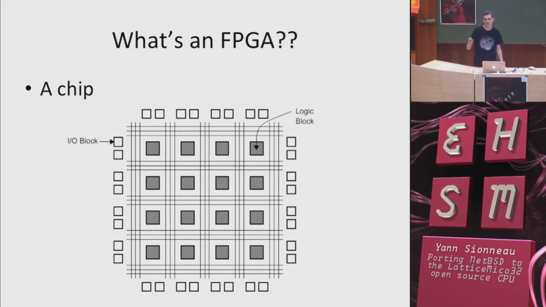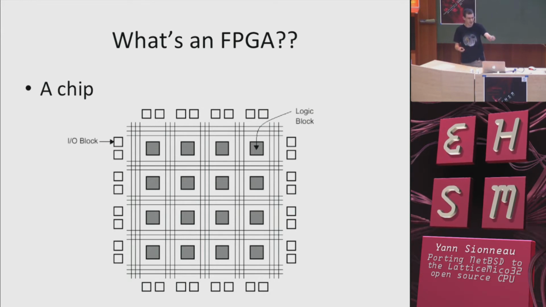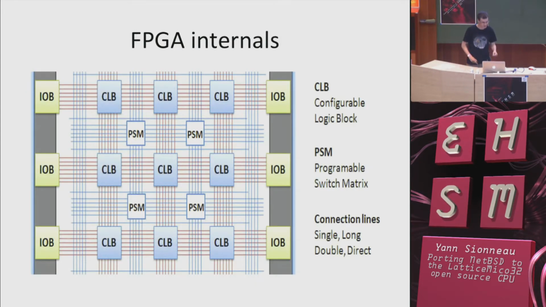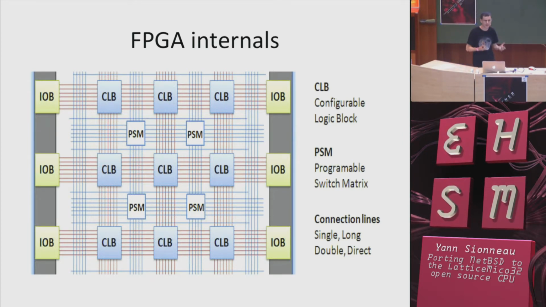It's like choosing a Lego brick, and then you can configure all those straight lines, which are a programmable switch matrix, and then it means that you can connect one logic block with another. So it's basically like plugging Lego bricks. So you can build something with that.